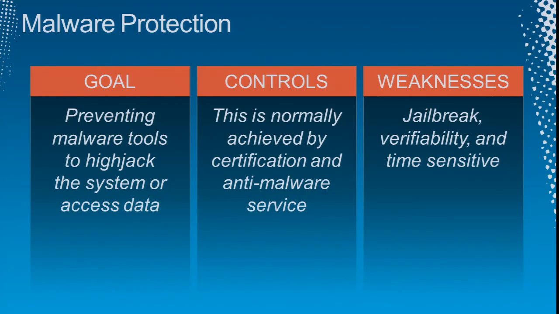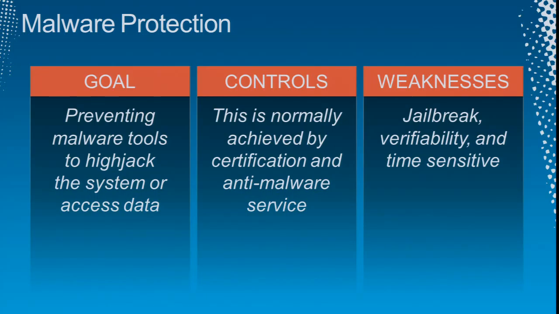And the main control here is that every app that goes onto our platform is tested by the application team, the marketplace team, and verified that there isn't malware existing in the platform. If they happen to miss something, like you've seen on other platforms, and an app gets out and they find out that it's not actually a fart app, it's an app that allows for malware, then we can actually revoke that cert.